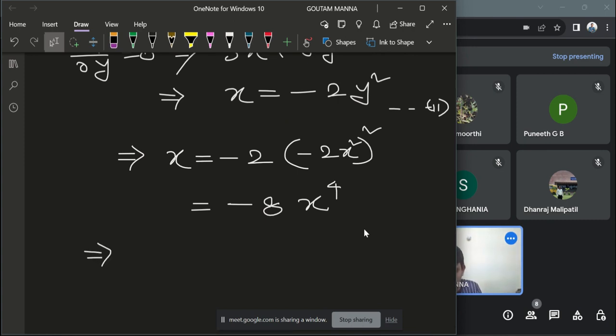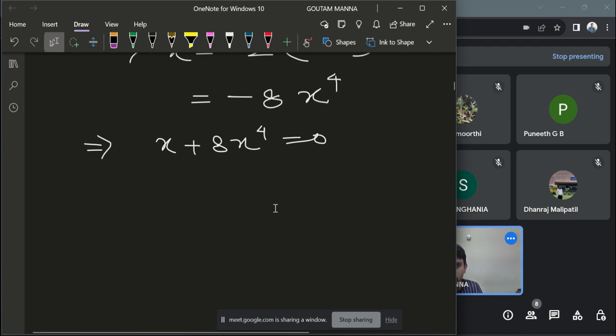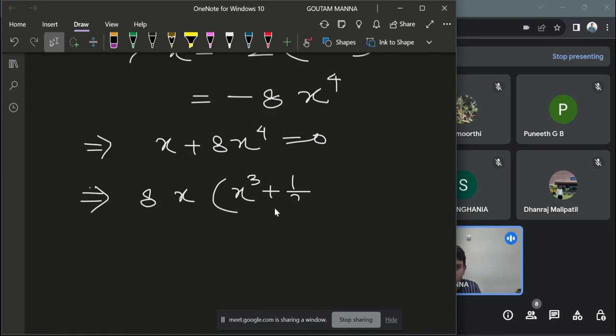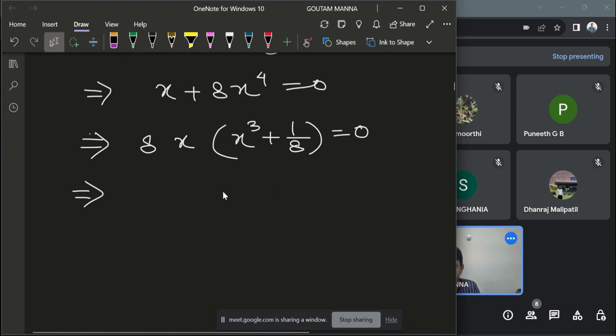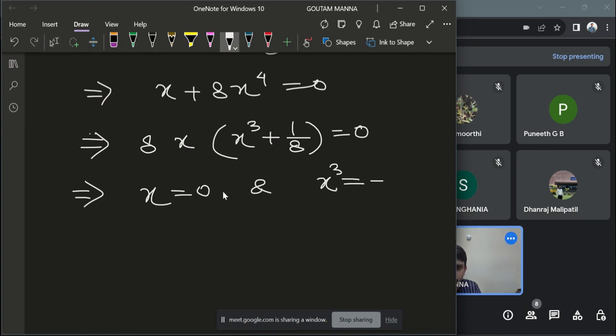Now if I take this to the left hand side, it will be x plus 8x to the power 4 equals to 0. If I take x common, it will be x times x cube plus 1 by 8 equals to 0, which gives me x equals to 0 and x cube equals to minus 1 by 8. We are only interested in the real solutions of x, so x will be minus 1 by 2.